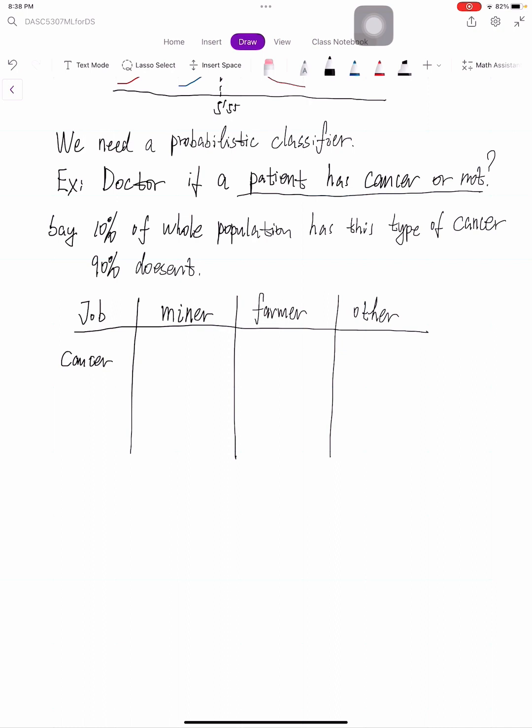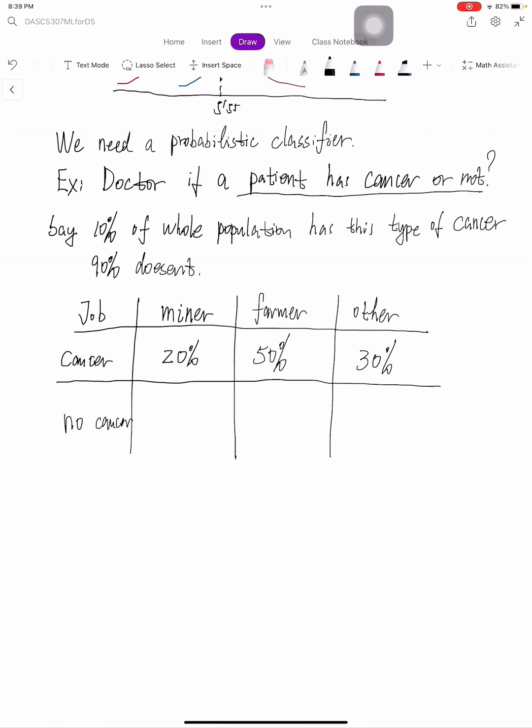Okay, and based on the data he has at hand, among the people who have cancer, 20% of them are miners. Okay, and 50% of the people with cancer are farmers. And the rest, the 30% of people with cancer, have other jobs.